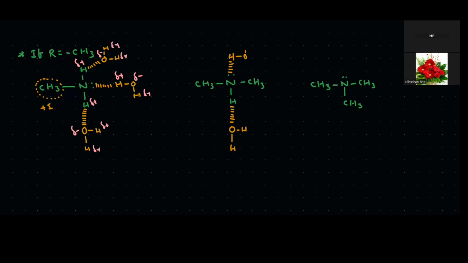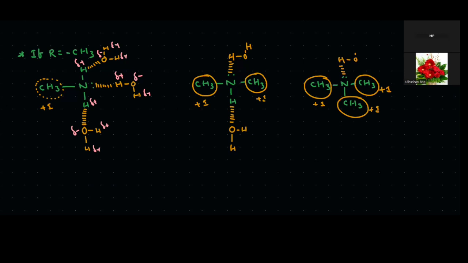Now here, this is a +I group, this is another +I group. Now coming to the tertiary group, +I, +I, +I, but only one is bonded with the water molecule.